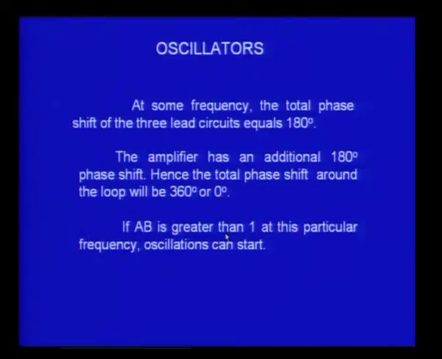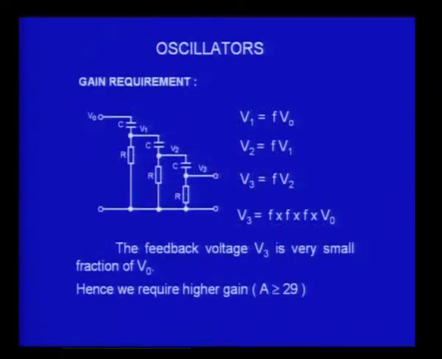Once that happens, you get the oscillations, and when the A beta is just the right value, equal to 1, corresponding to the Barkhausen condition, the oscillations will start and you will get the output. Now you also should remember one important point: there is a minimum gain that I must ensure in this circuit, the phase shift oscillator, so that oscillations will be produced.